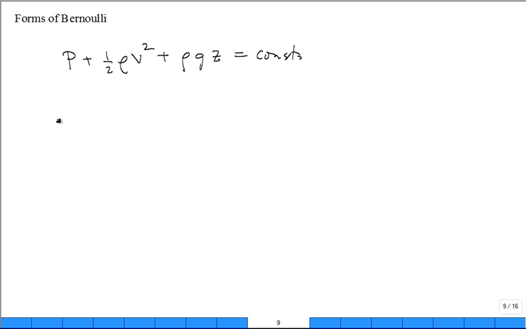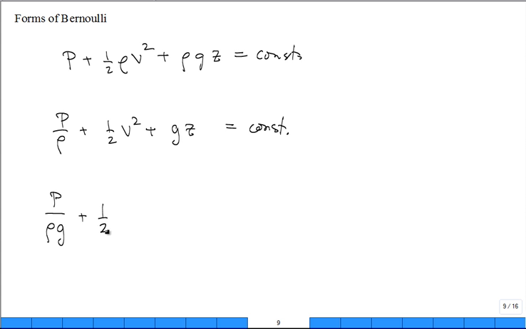Well, I wrote it like this: P over rho plus 1/2 V squared plus gz is equal to a constant. True. There's another form: P over rho g plus V squared over 2g, plus z is equal to a constant.